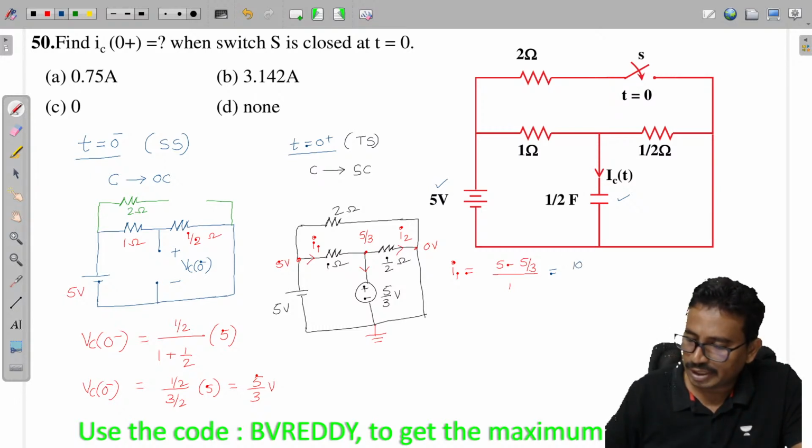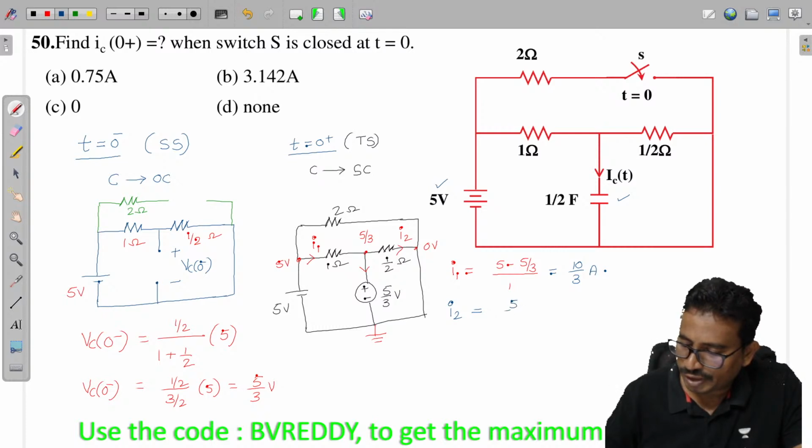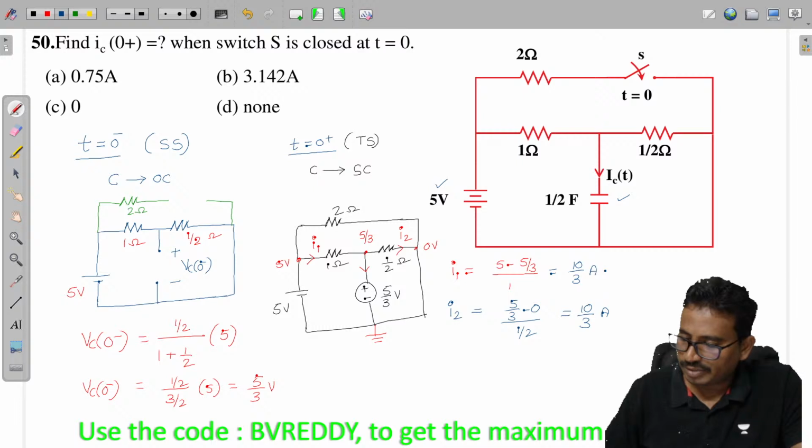So that is 10 by 3. Now if I call this current I2, this I2 is 5 by 3 minus 0 by 1 by 2, which is equal to 10 by 3. Check it, all of you.